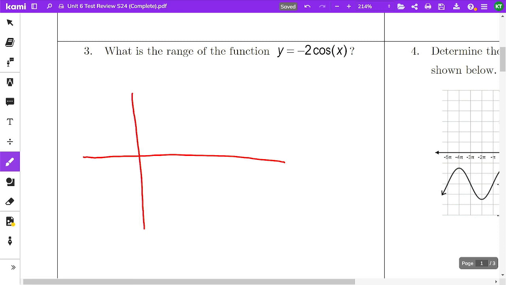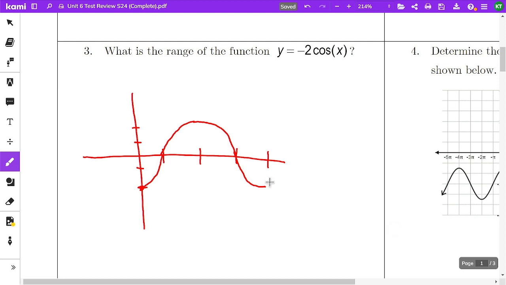Again, I have no vertical shift, so my midline is going to be at y equals 0, and my amplitude is 2, so it's going to be a -2 starting down here. My highest value will be going up 2 from our midline, which will be a +2. So if I make a cosine graph, just a sketch, it'll go low to middle to high to middle to low.